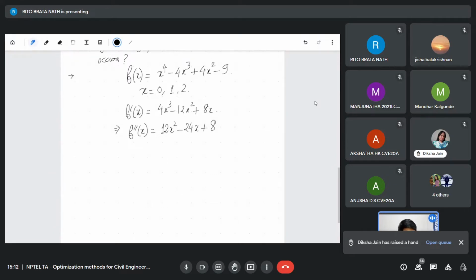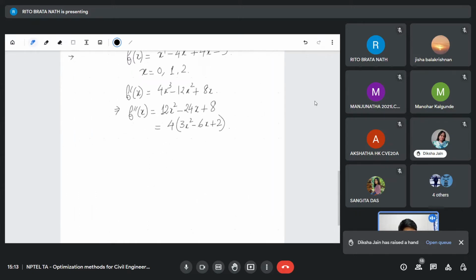This will be your second derivative. You can keep it this way, or you can take 4 out and write it as 4 times (3x squared minus 6x plus 2). Now you have already found your stationary points.